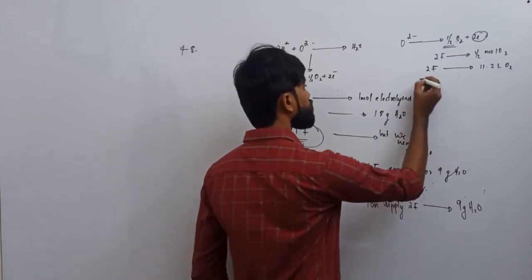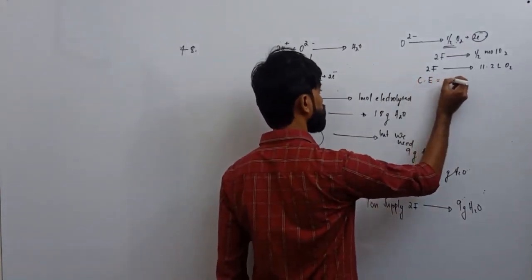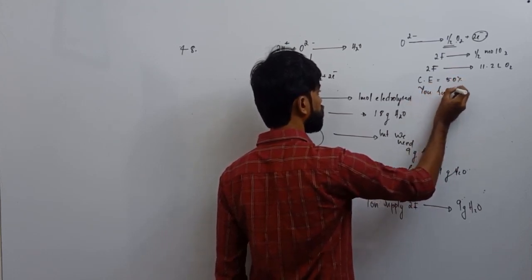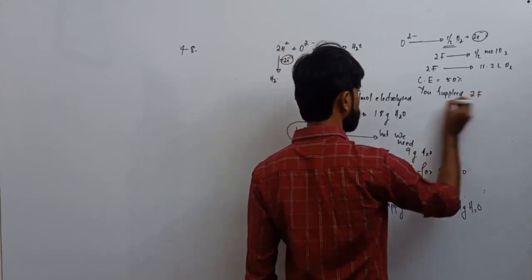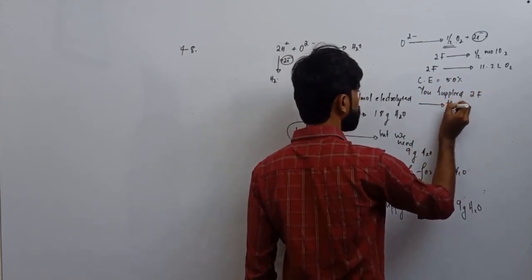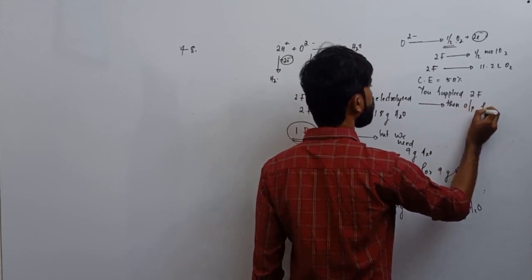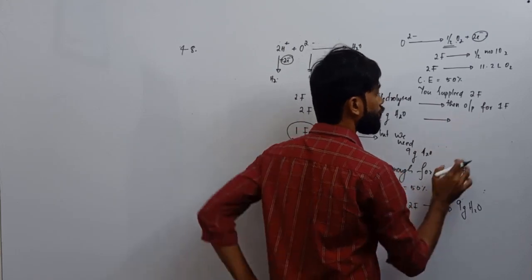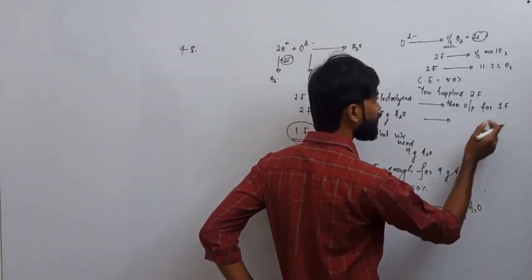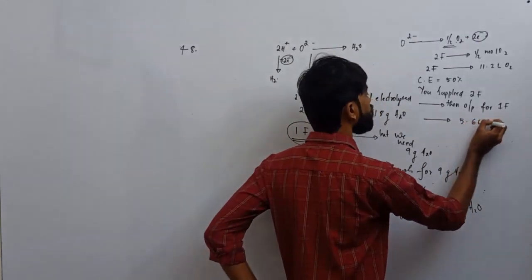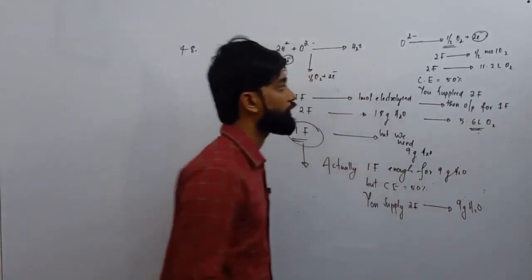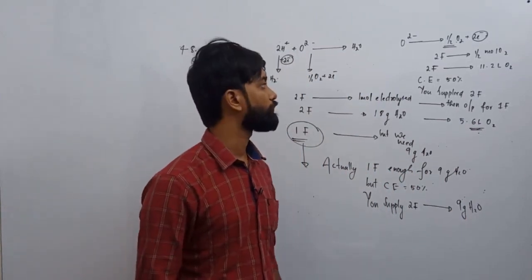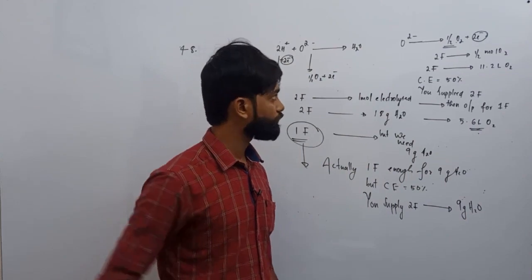But since the current efficiency is 50%, if you supply 2 farad, the output is for 1 farad. And you obtain 5.6 liter of oxygen liberated at STP in this question for the application of 1 farad. Okay, so it is enough.